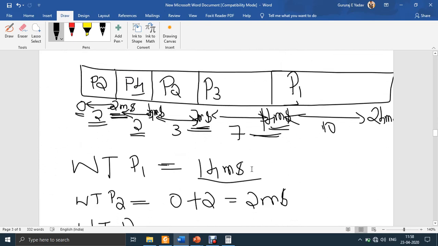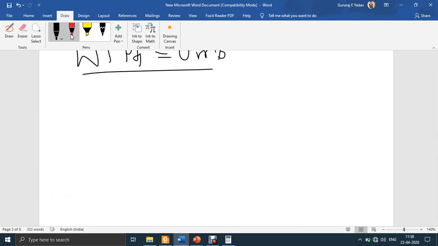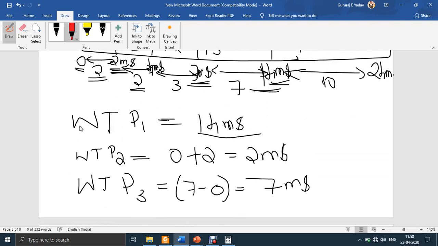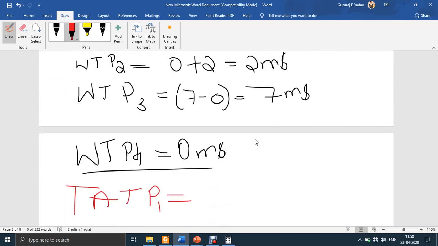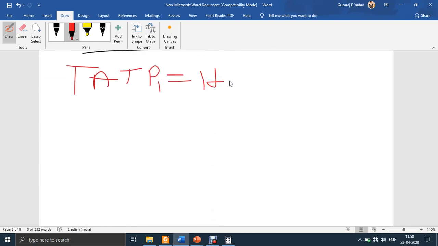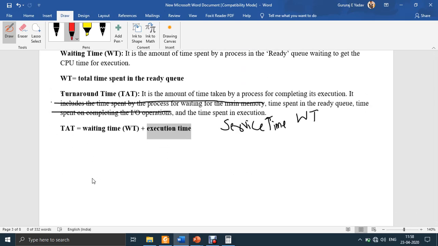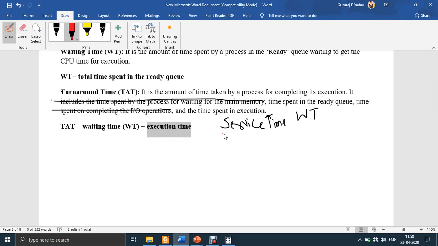Now we'll come to this example. I'll first find out TAT for P1. TAT for P1 is equal to the waiting time for P1, which is 14 milliseconds, plus execution time, which is nothing but service time.